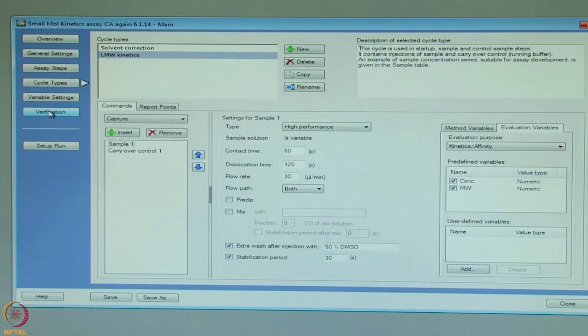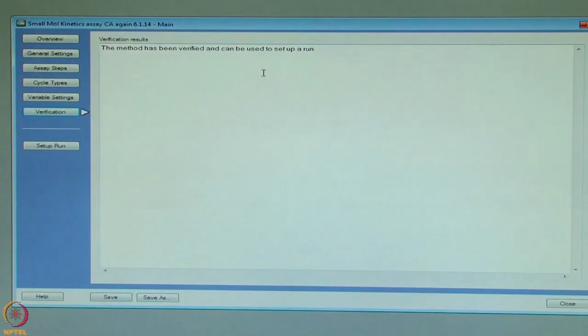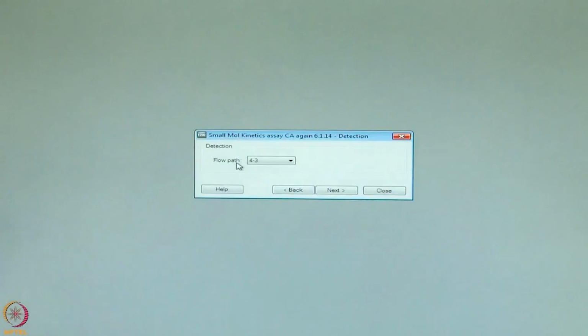So we go into the verification mode and see that the method has been verified and can be used to set up a run. We go into the setup. Here the flow path is 4 minus 3. We go on next.